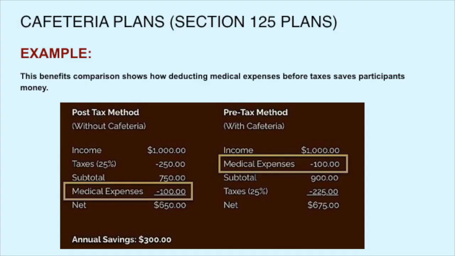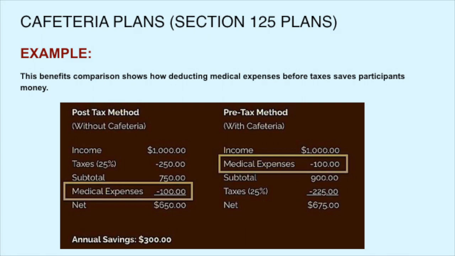Let's understand with an example how it's beneficial to buy a qualified benefit under a cafeteria plan. I've used the example of medical expenses for health insurance. Let's say that the employer does not have a cafeteria plan. The employee is contributing towards health insurance that is not offered through the cafeteria plan, so his health insurance contribution deduction will be with after-tax money.